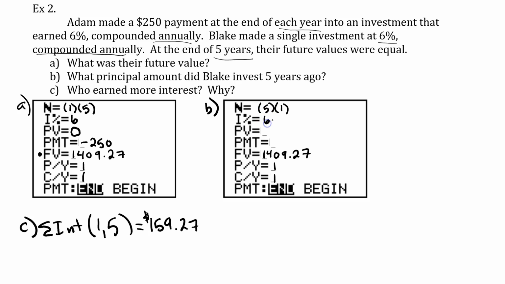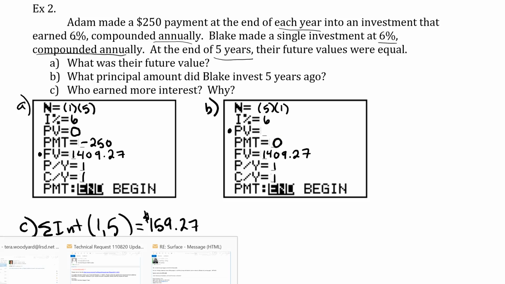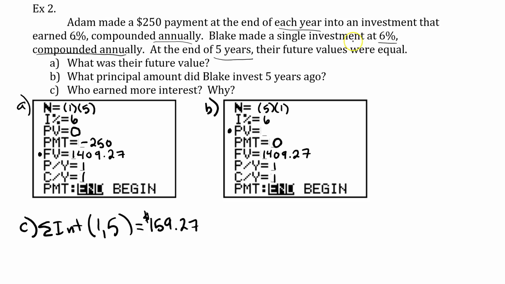Interest is the same too. And present value, that's what we want to solve for. It does not mention any extra payments that Blake has made. So we're going to go back to the last lesson and say payment equals 0, because he just invested a single investment, one lump sum.